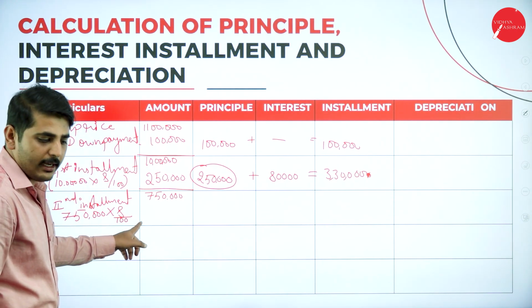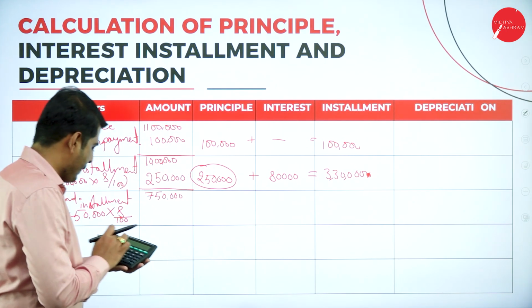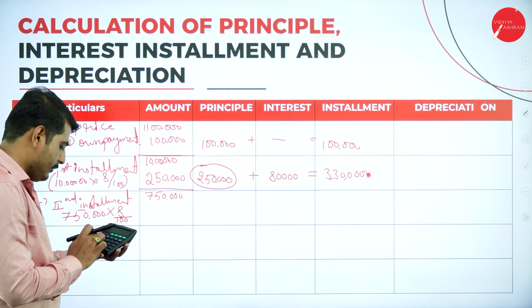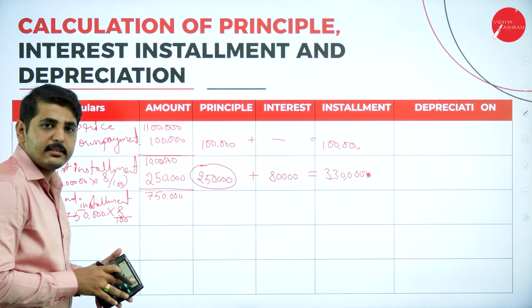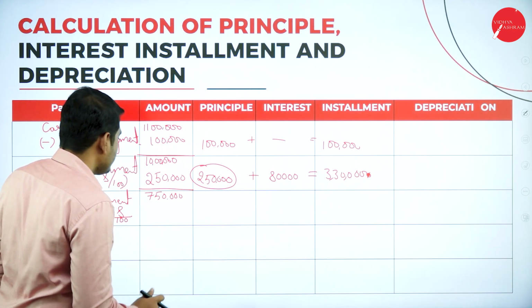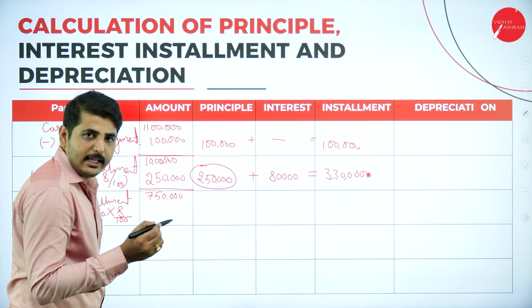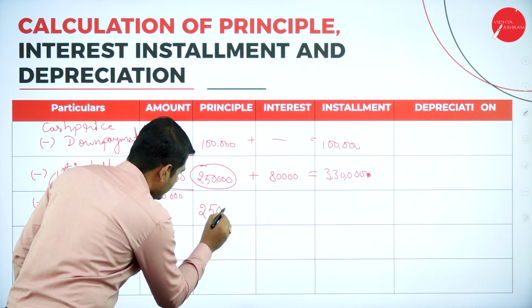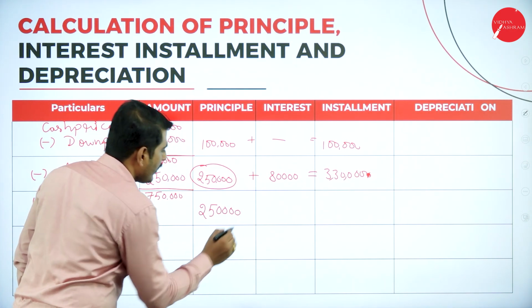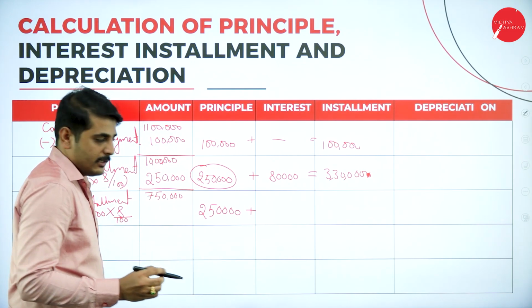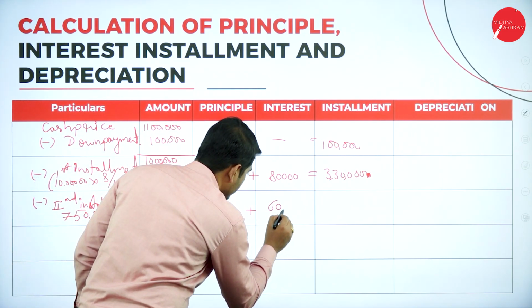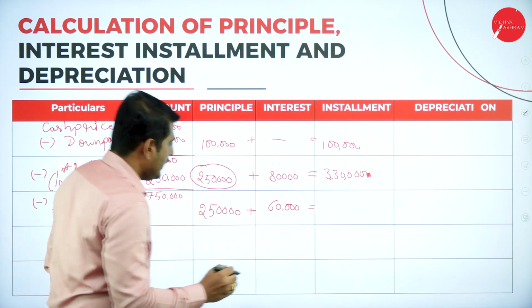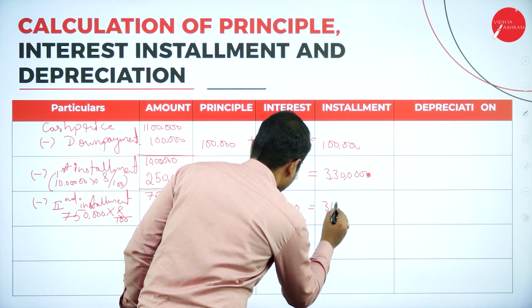It will become 60,000. So what is the principal amount? Every year the principal is the same. 2,50,000 is the principal amount, plus the interest 60,000. It will become 3,10,000.